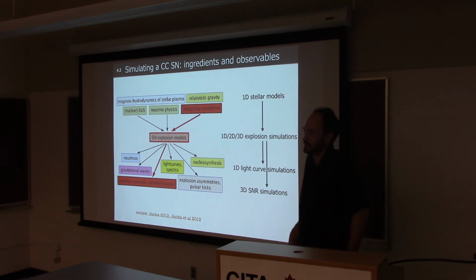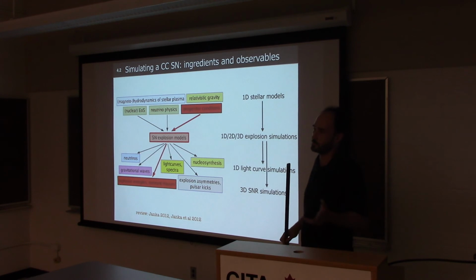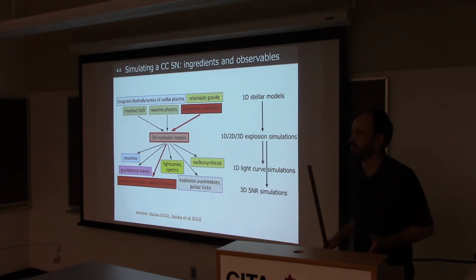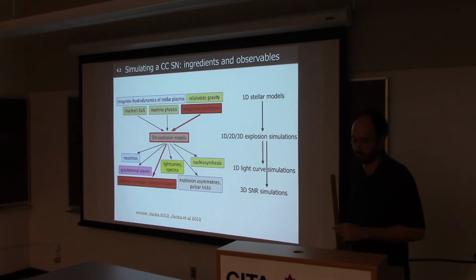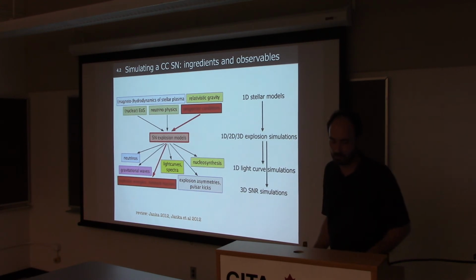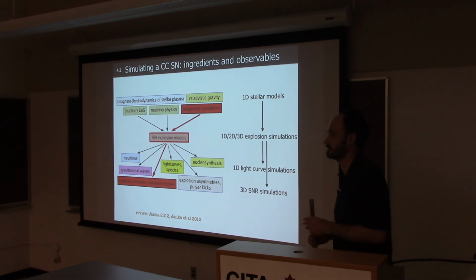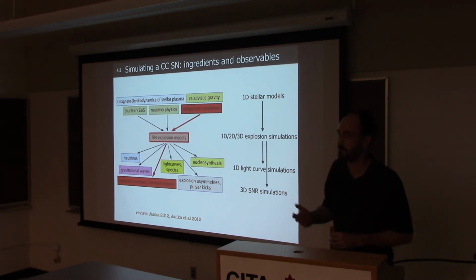But 2D, I'm not sure what a 2D supernova is. So really you should go 3D, and now they're doing 3D models, and it's not looking better, actually. It's not so good for the explosion. So there's still not a consistent path to get successful explosions. But there are models that explode and some that don't.